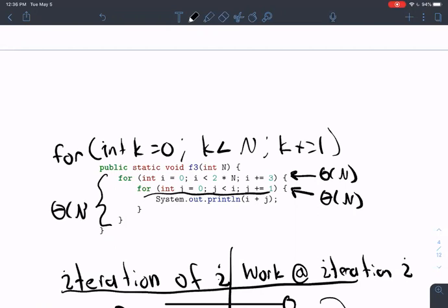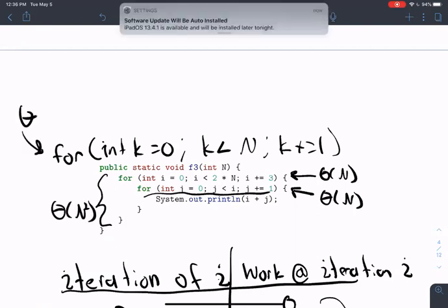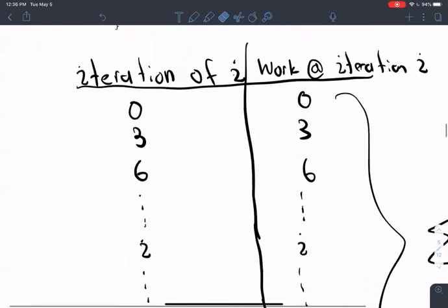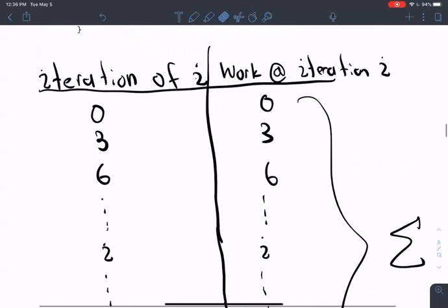You know this is theta of N squared, and you know this is theta of N. So you can just multiply those and get theta of N cubed. Those are little tricks you can use, but you can always get the right answer by working it out with a chart like this and summing.